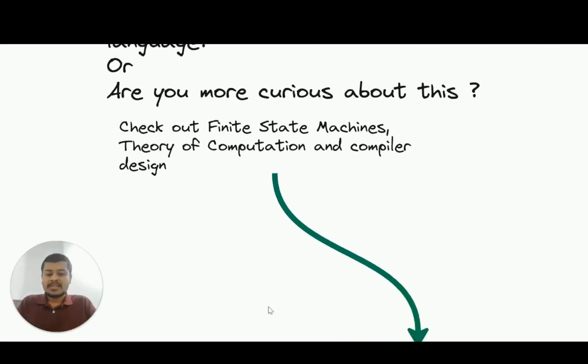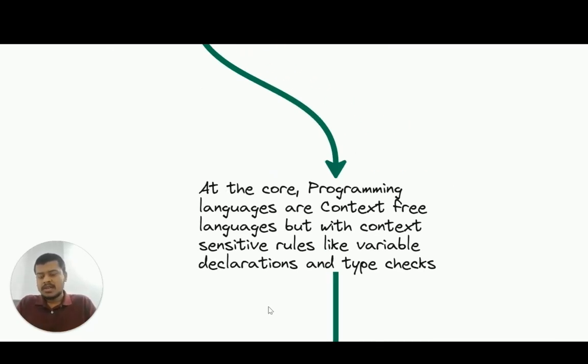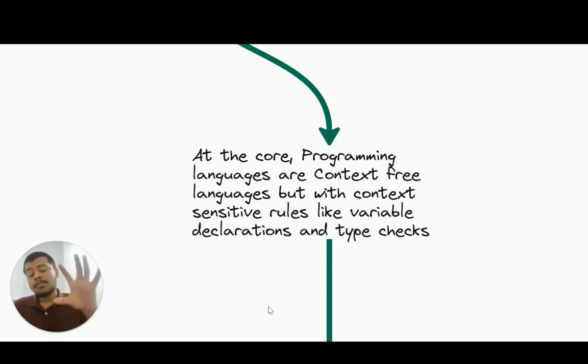Next, this is just a glimpse of what a programming language is. All programming languages are context-free languages. So they don't have a specific context. They just follow some rules or syntax that is formed using CFGs. But along with the CFGs, they have context-sensitive rules like variable declaration, type checks, and all of these. That is why I told you that in 1956, the whole concept of context-free grammar was invented.